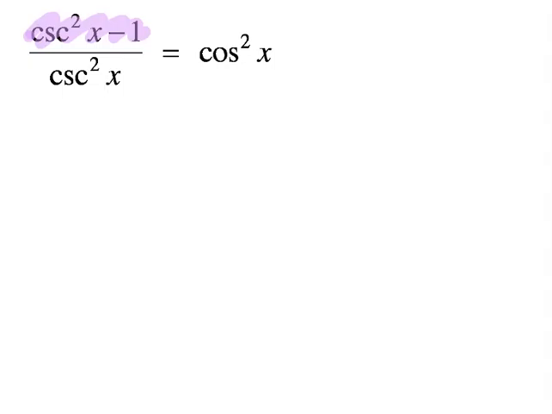Does it equal what Caleb said? Does it equal cotangent squared? Okay, so now I know that I have cotangent squared over cosecant squared, and I now need to show that that equals cosine squared x.